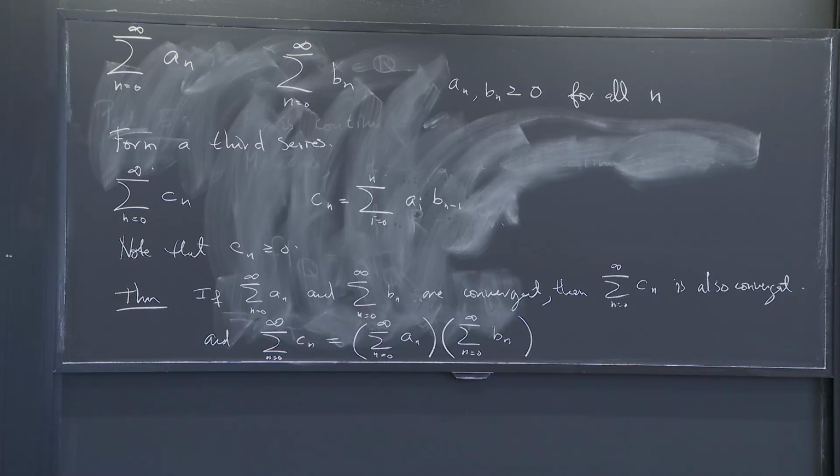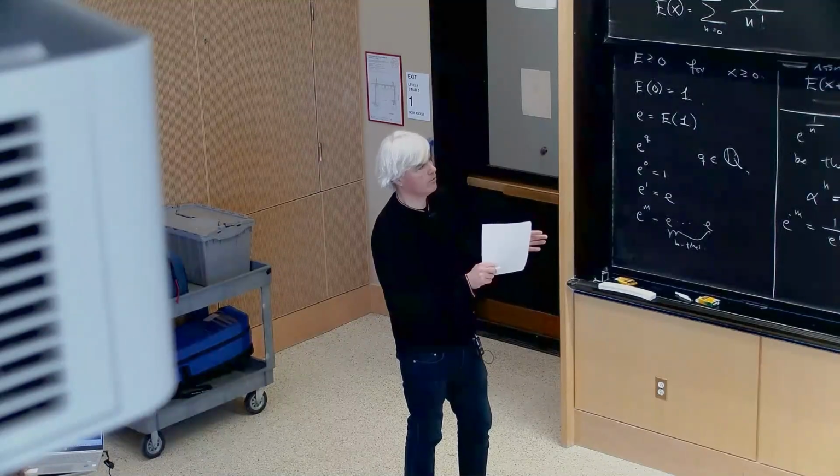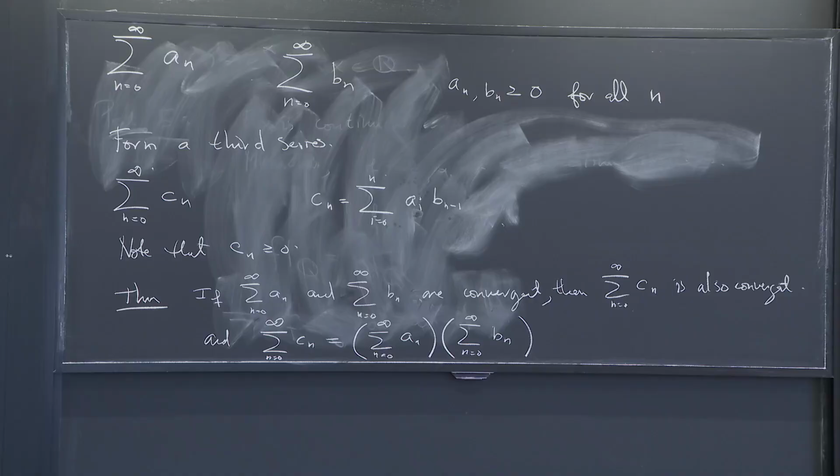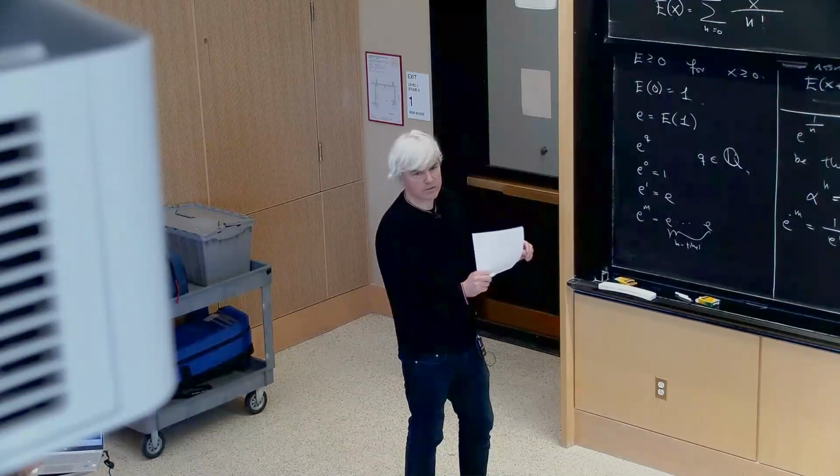So again, we have these two series of non-negative numbers. From those two series, you form a third series. The idea is that the third series is kind of like a product of the other two. The Cn's in the third series are given by the sum of the products of the elements in the other two so that the index is at n.